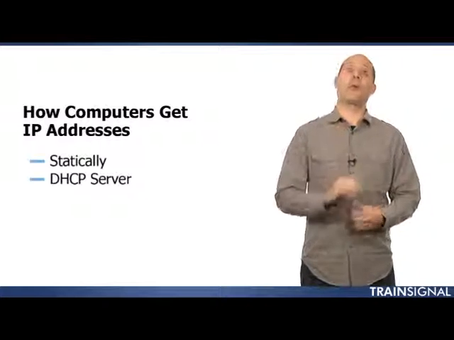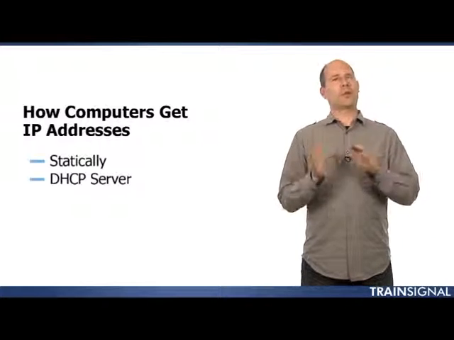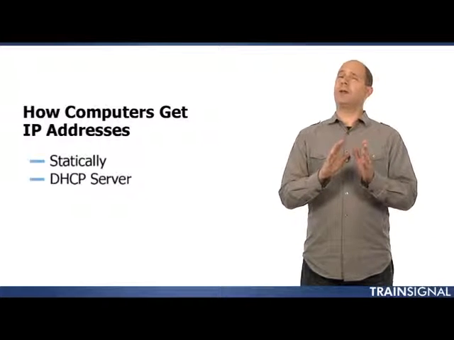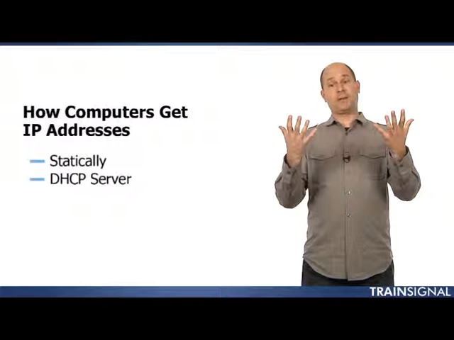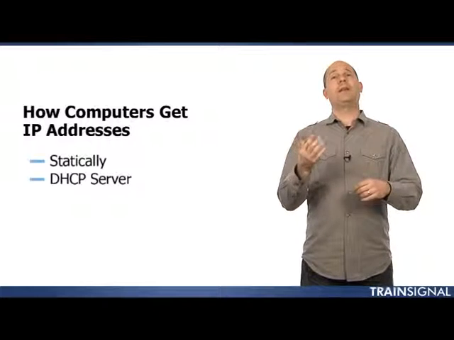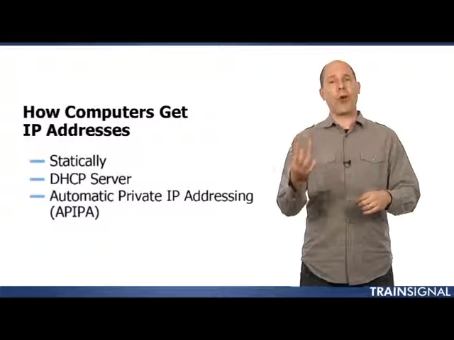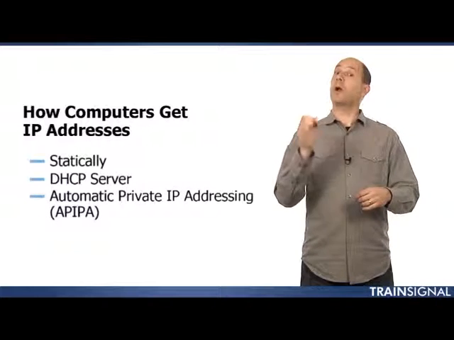Now, there's a third way, and I will tell you, this third way is related to the second way. Really, there's 2 ways they can get an IP address, statically or dynamically. But this third way is something called automatic private IP addressing, or APIPA.